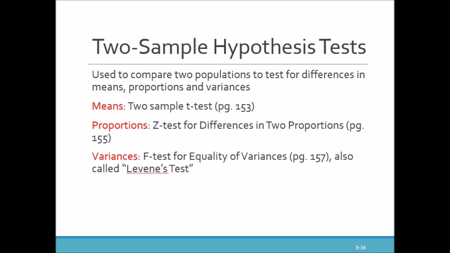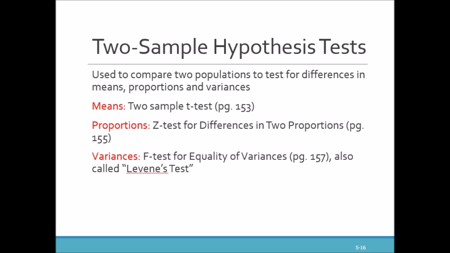Okay. So moving on to a two-sample t-test. We do a two-sample t-test when we are comparing two populations to test for differences in means, proportions, or variances. So again, a test of means in a two-sample hypothesis test would use a two-sample t-test.